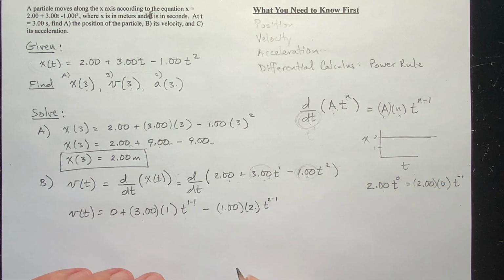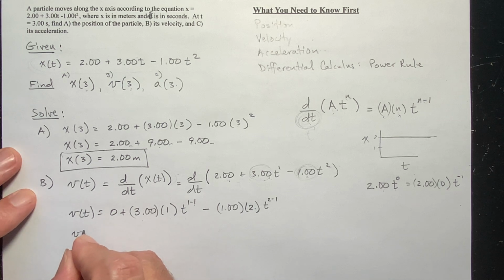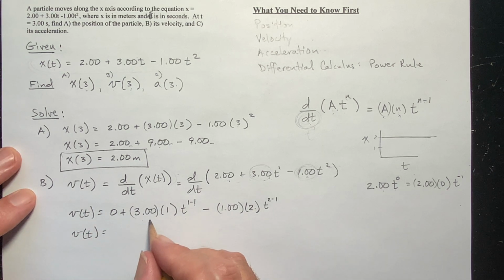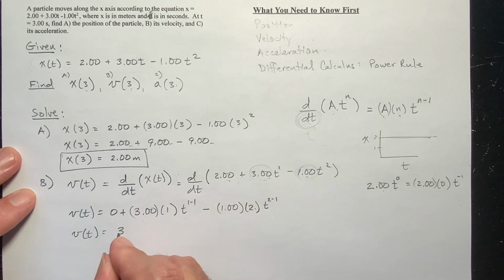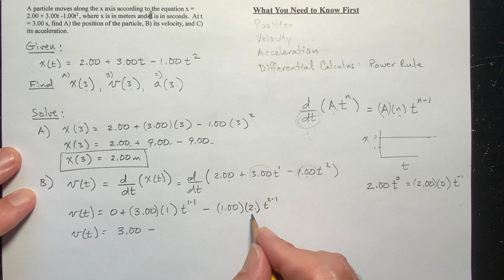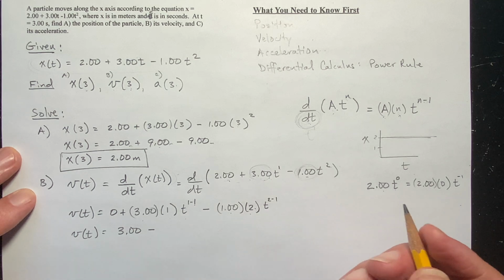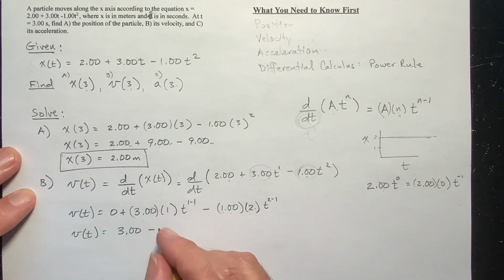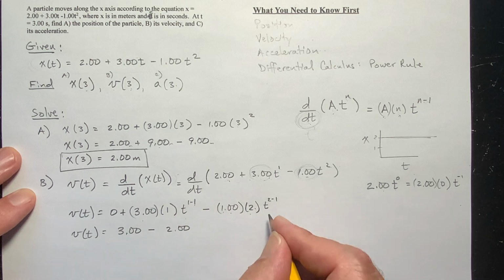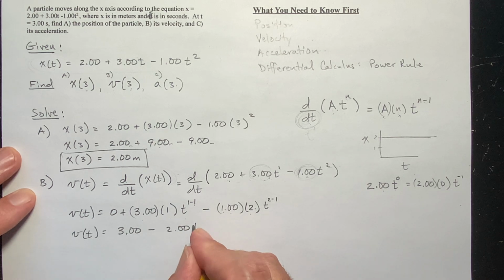I'll just go ahead and put that in there. And now we can express my answer. This is 3, right? Minus, now what is 1 times 2 times t to the 1 power? Well, 1 times 2 is 2, and t to the 1 power is just t.